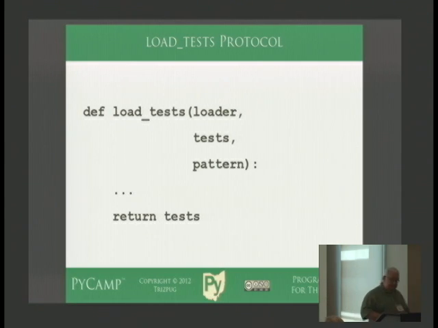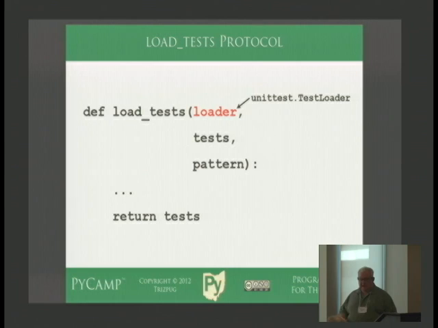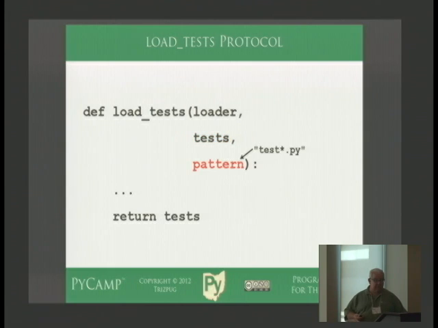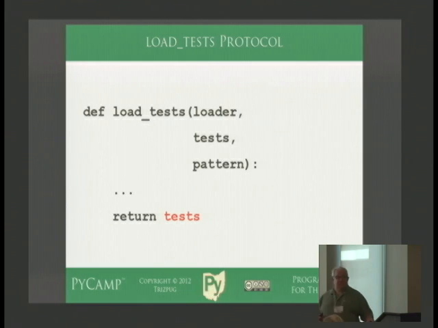Then when you do unit test discovery, unittest will call that function and pass a default test loader instance. It will also pass in an empty test suite that allows you to fill it with your tests within the load_tests function, and a pattern that allows you to change the search pattern for any additional searches you might do in your load_tests function. And then you can return a test suite full of doc tests that you have converted into unit tests.